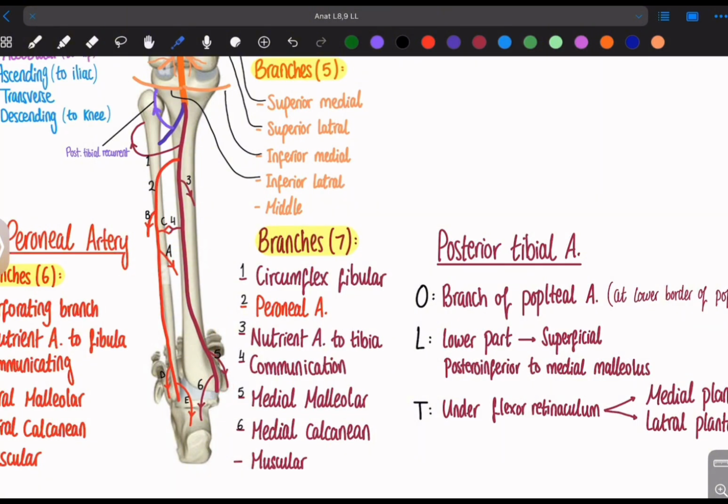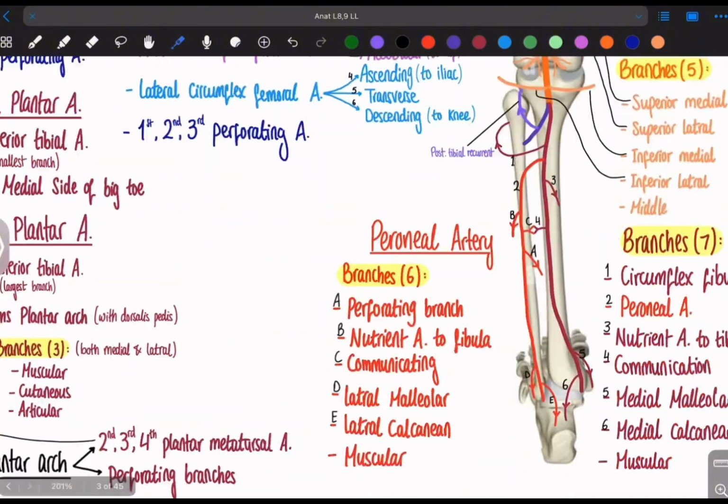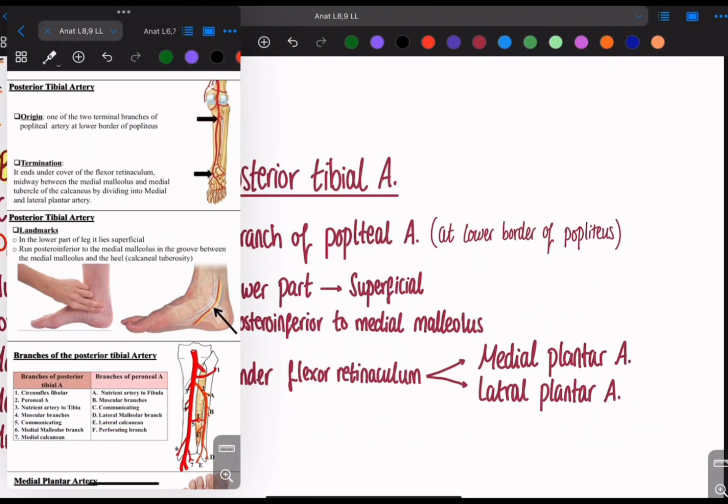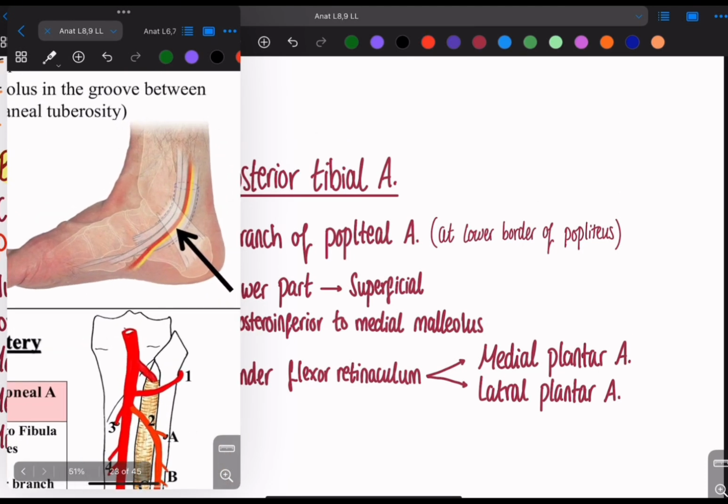What about the termination? The termination says at the flexor retinaculum it divides into two. Where's the flexor retinaculum? Let's see it in this diagram here because it's more clear. So here we have the flexor retinaculum, okay? This is the area where the posterior tibial artery is gonna terminate into medial plantar and lateral plantar.